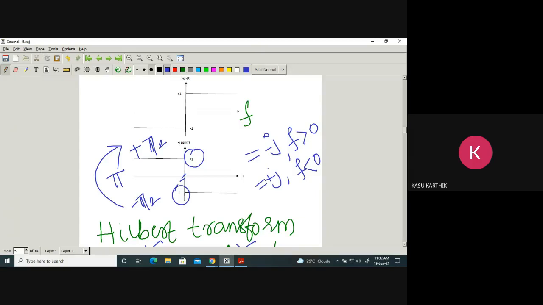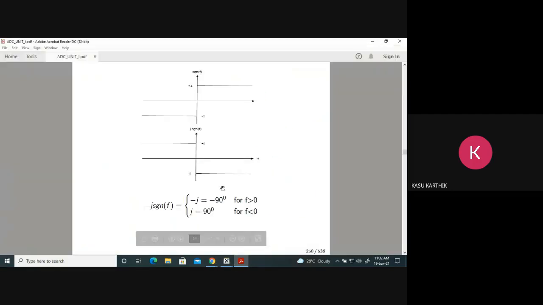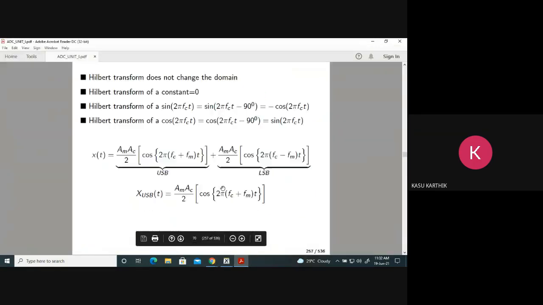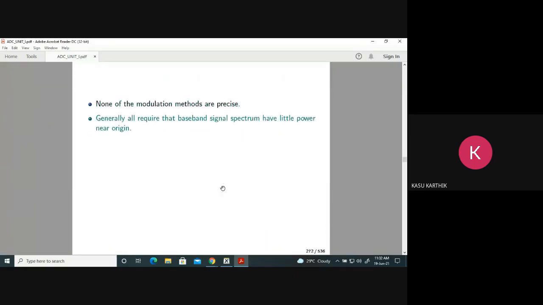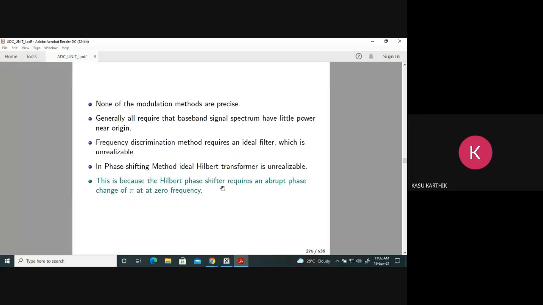Okay, but there is an inherent property. What is that? These two problems are eliminated if and only if the baseband signal spectrum has very little power near the origin. Okay, note down this.